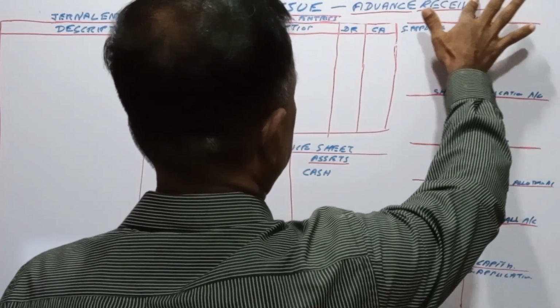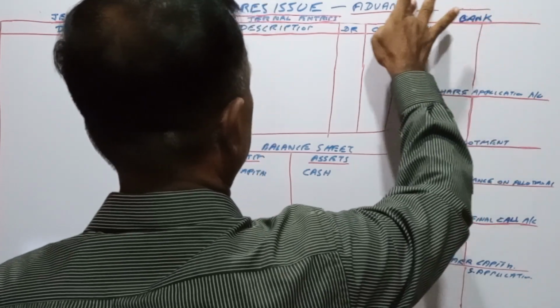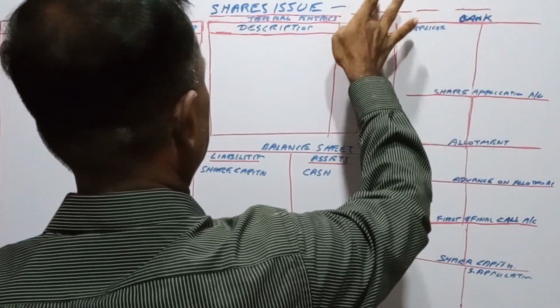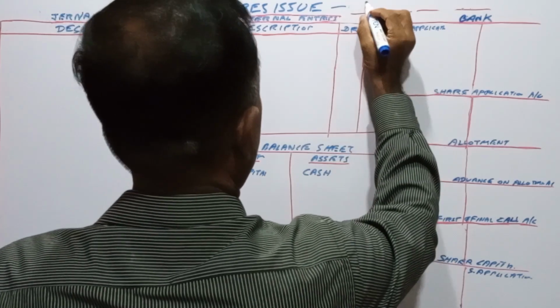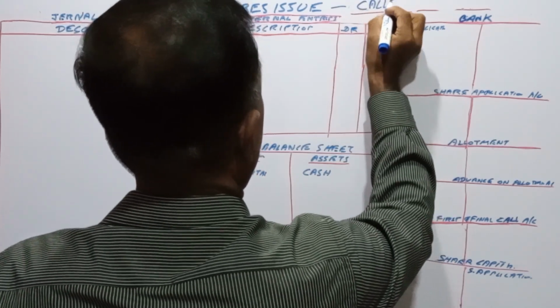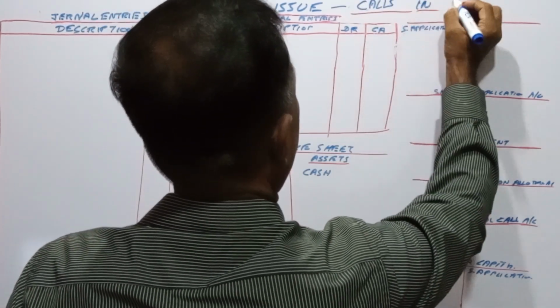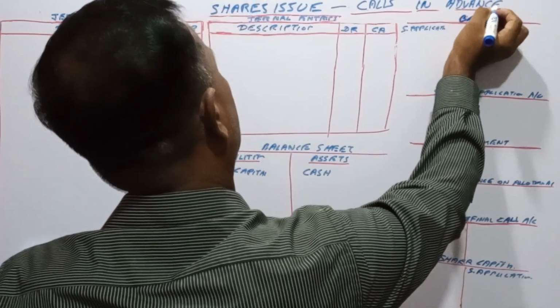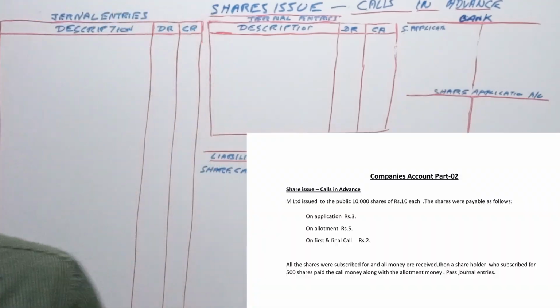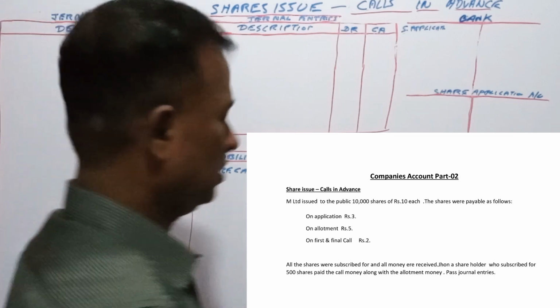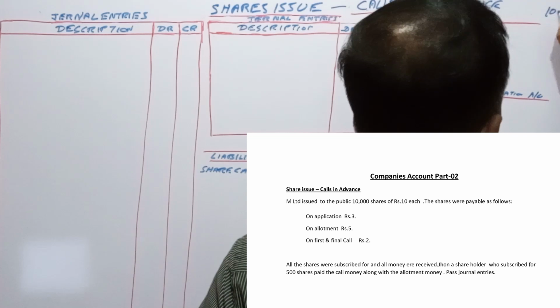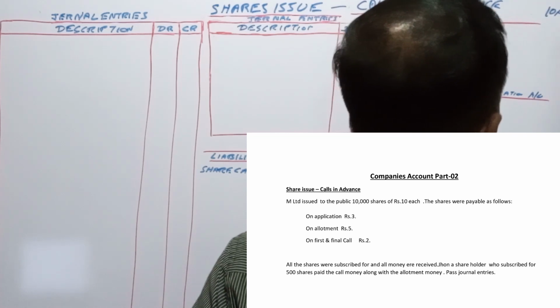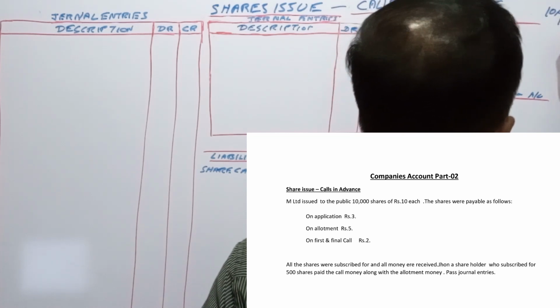Calls in advance. Okay. M Limited issued to the public 10,000 shares of 10 rupees each.